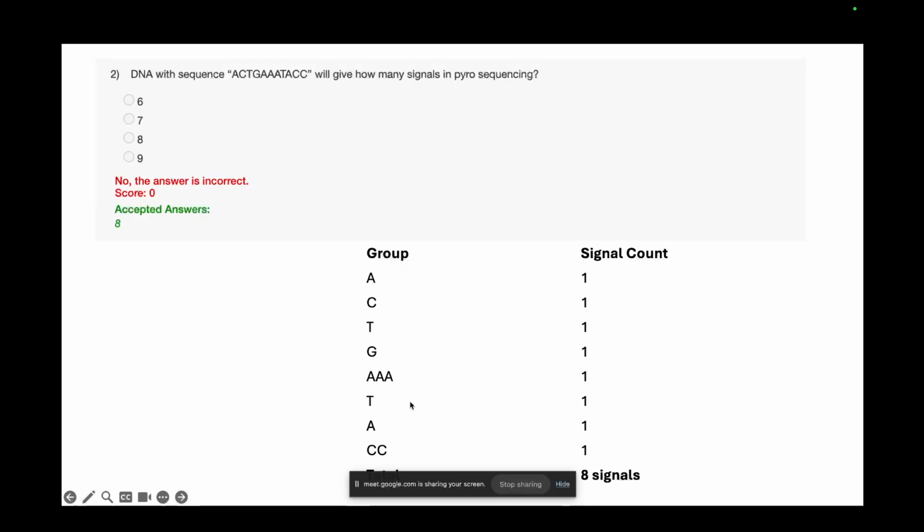So these are the signals that you pick up. The repeats will be picked up together. The intensity will be higher, but it will be one signal, right? So the answer is 8. Correct.